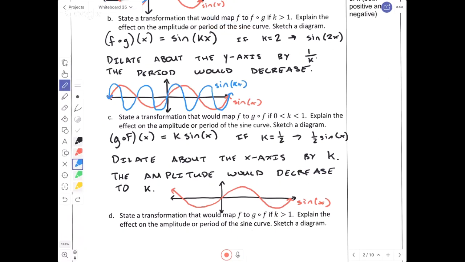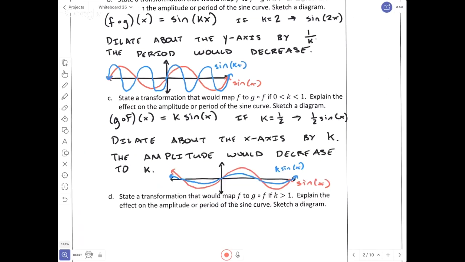We compress it by 1/2. Compression. That's better. So that's an example of k sine of x for a value of k less than 1, where it gets decreased.